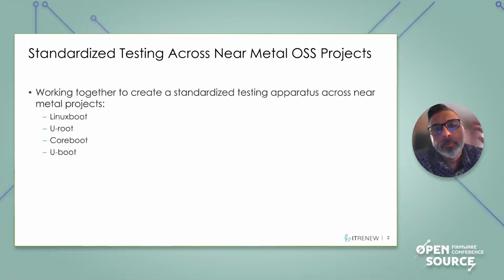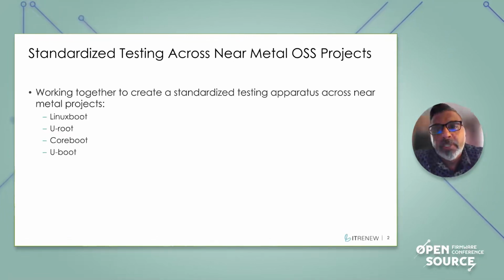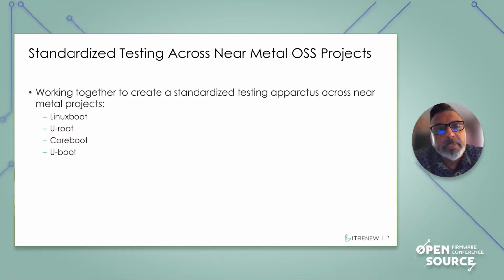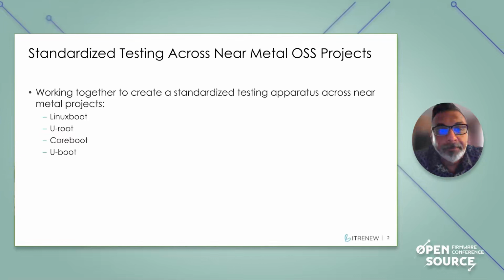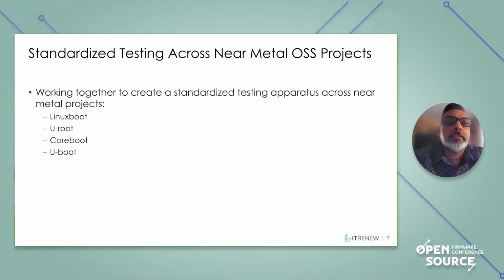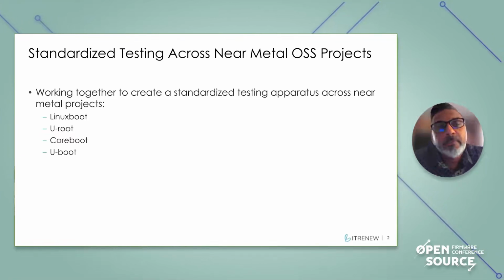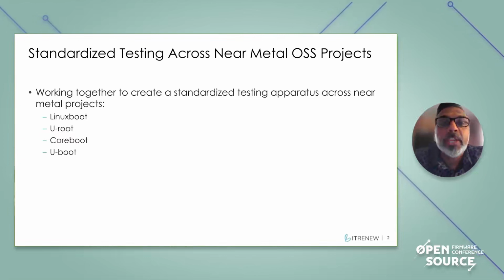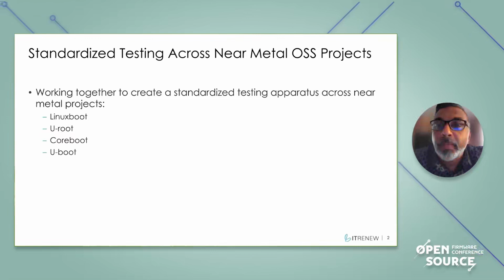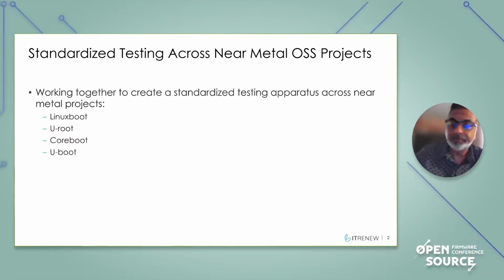And so going through all this, we want to be able to test each one of these things that are close to the metal, right? And that is my driving need, or our driving need, for doing standardized testing for near metal open source projects.